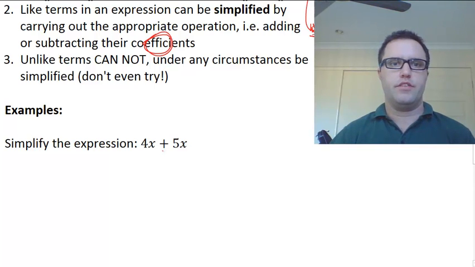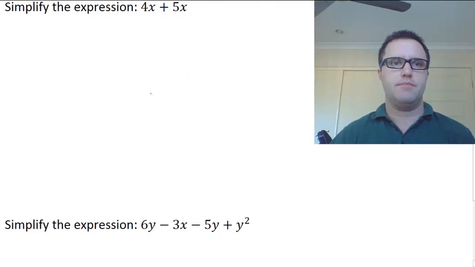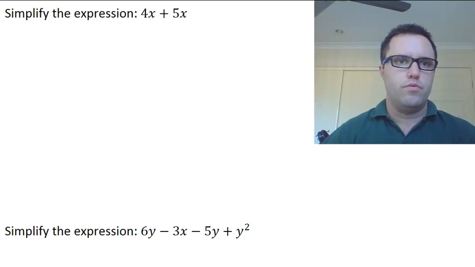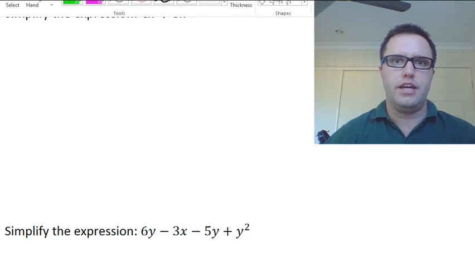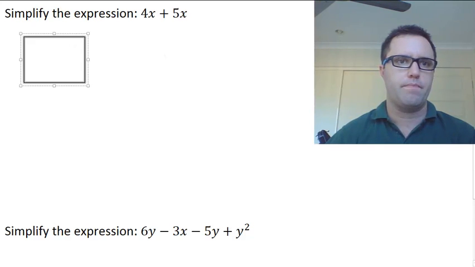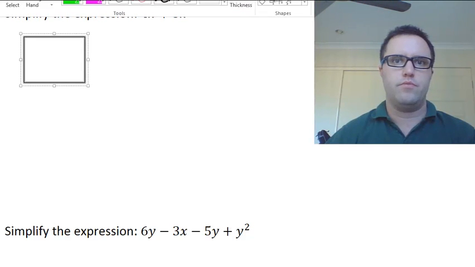Usually when you're dealing with like terms, it'll say things like simplify the expression 4x plus 5x. Now, I'm just going to draw a little drawing to show you what that is going to look like. So let's say we had some box here and another one.